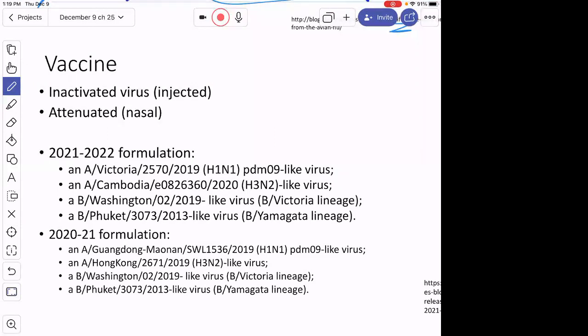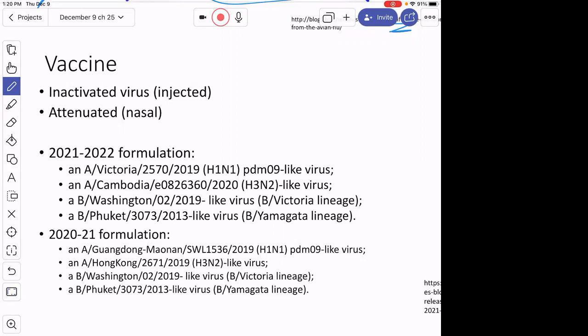They look at what strains circulated in the Southern Hemisphere and the Northern Hemisphere, and they decide then what strains to put in for the upcoming flu season. So it's kind of a clunky system because we have to decide that so far ahead of October, November, December, when our flu season is. So hopefully we can advance that.